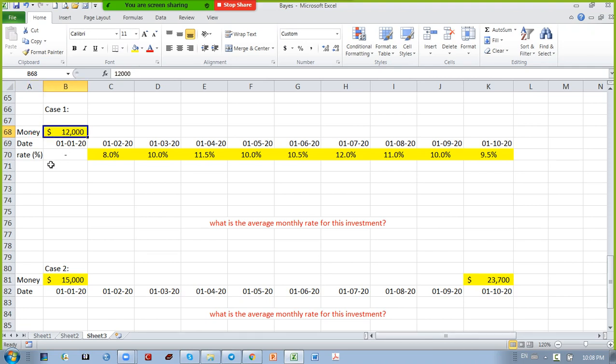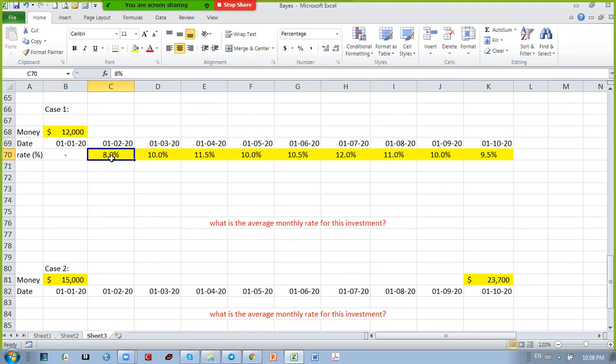On January 1st, 2020, I put my money into an investment, 12,000. Suppose this investment will provide me an increasing return.